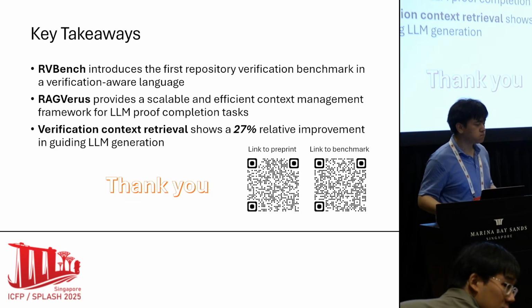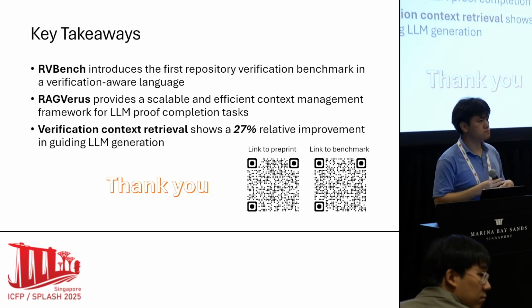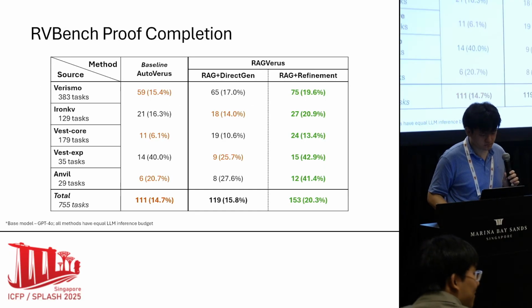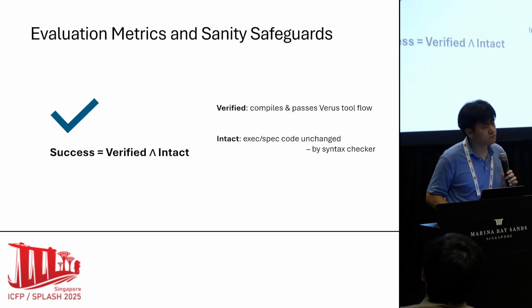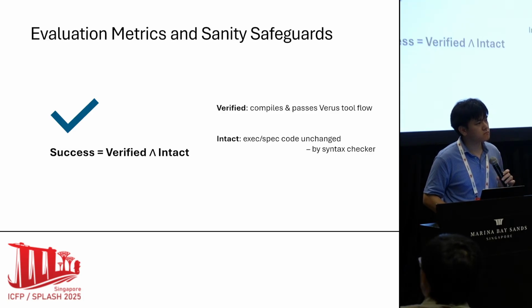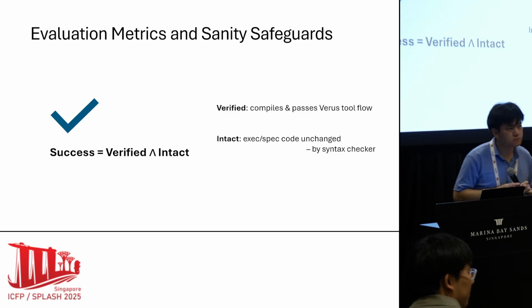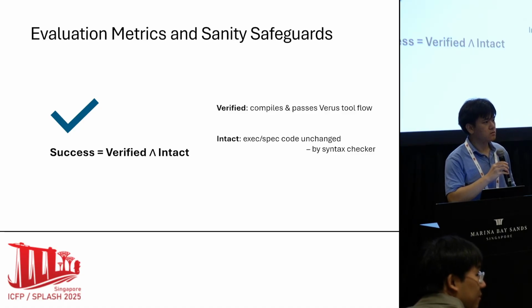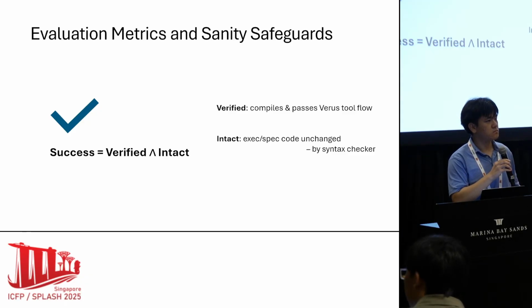So you mentioned that part of this was ensuring that the specifications were unchanged and the implementations were unchanged. Yes, but I think in practice, it's sometimes necessary to strengthen a specification in order for a proof to go through, or perhaps change the implementation, not the ultimate result, to perhaps use less strange language features to simplify the proof.